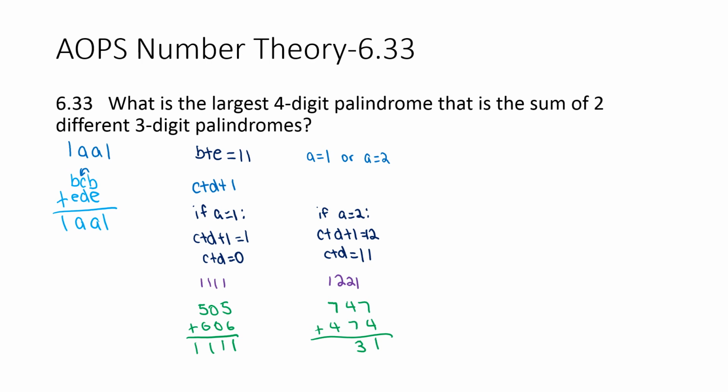So this is 1, 2, 2, 1. So it's still a palindrome. So since it asks for the largest 4-digit palindrome, the largest 4-digit palindrome is 1, 2, 2, 1.